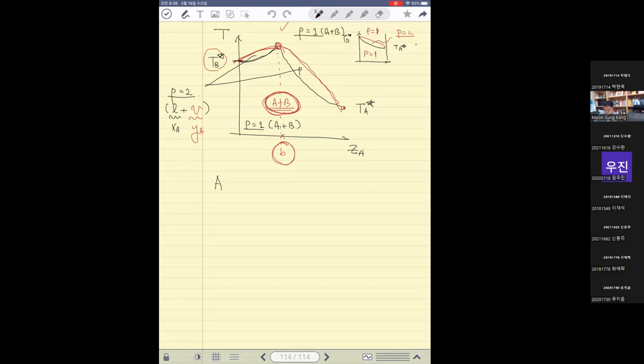Let's say the boiling point of A is 70 degrees Celsius. Boiling point of B is 100 degrees Celsius. And let's say you have a mixture of A plus B. What would be the boiling point of this mixture? When would you start observing a vapor phase? I guess as a first approximation, you would expect some value lying between 100 and 70, right?